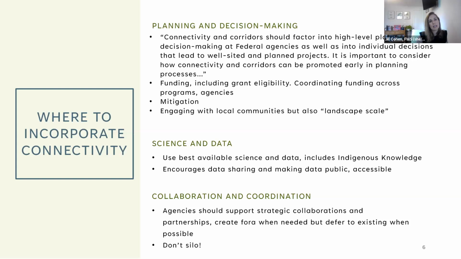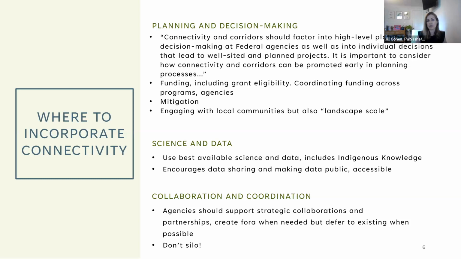So on the planning and decision making front, the guidance directs agencies to factor connectivity into their high-level planning and decision-making, as well as into their individual decisions, really with the goal of better planning and siting of federal projects, and emphasizing the preference to have that incorporated early into planning processes.